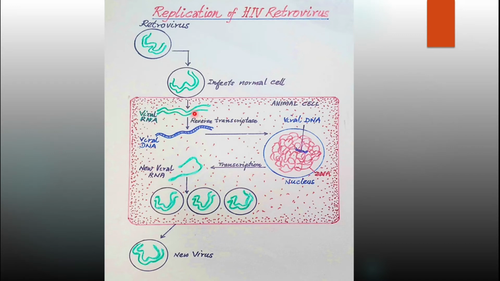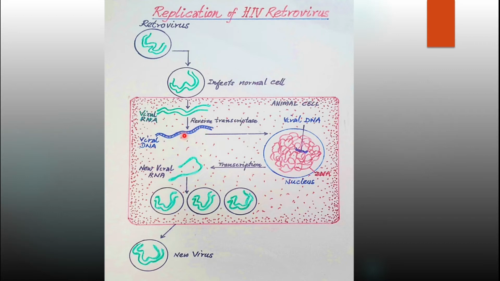Along with the RNA, the enzyme reverse transcriptase is also introduced into the macrophage. Now what happens next is reverse transcriptase enables the viral RNA to be converted into viral DNA. So a reverse transcription happens and the RNA is now transcribed into viral DNA.